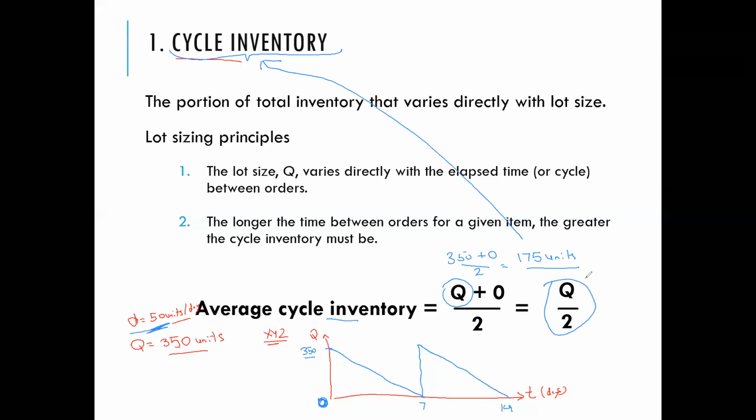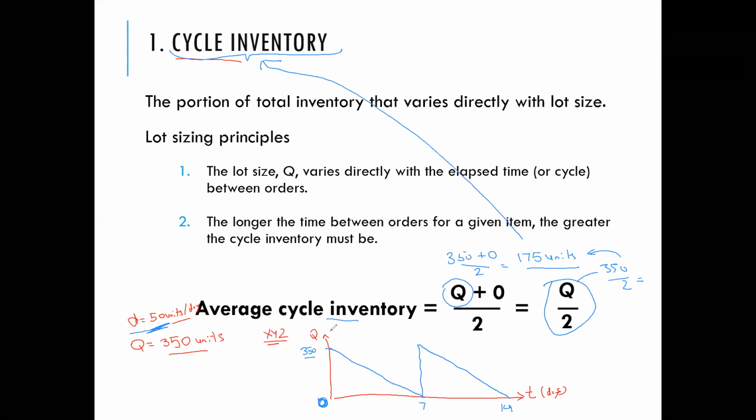So we started with a lot size of 350, and 350 divided by 2 is 175. That is our cycle inventory for this example. That's how you calculate cycle inventory, and that's the basic concept of cycle inventory. It's the average inventory in a cycle.